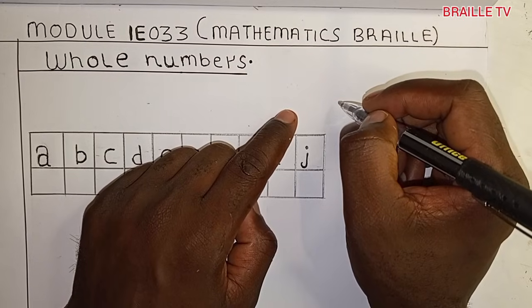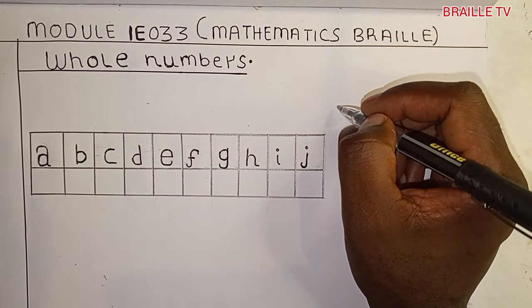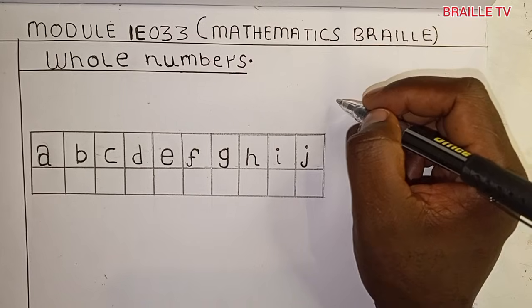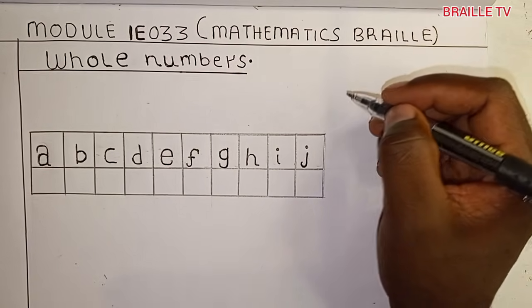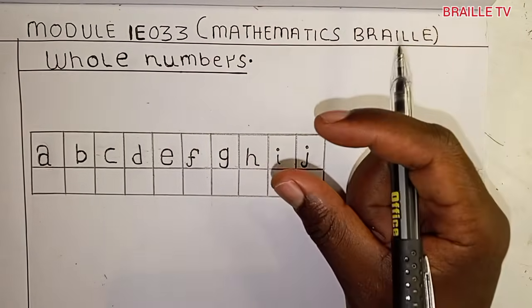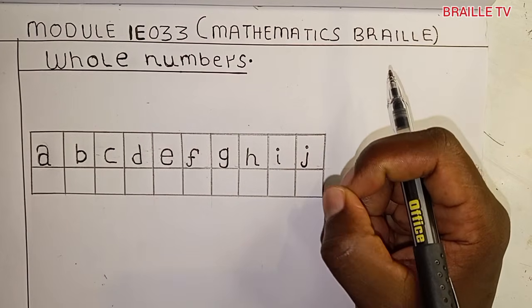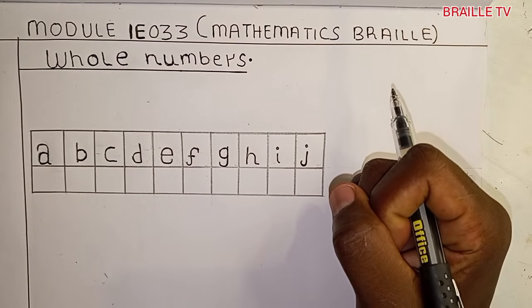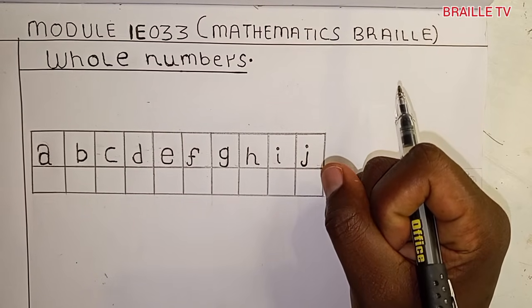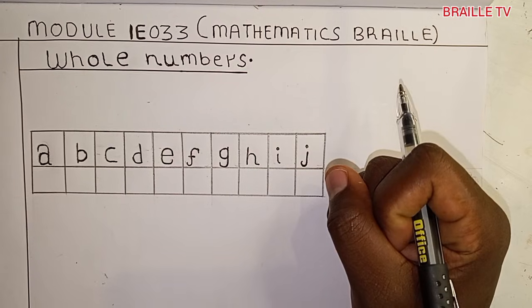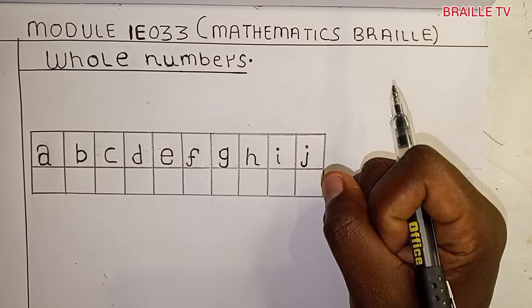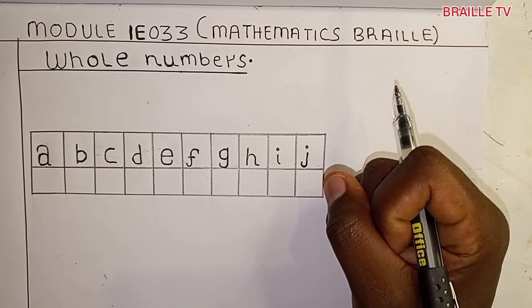These are signs that do not have an equivalent symbol in print, and they help us denote other things that cannot be written in Braille.